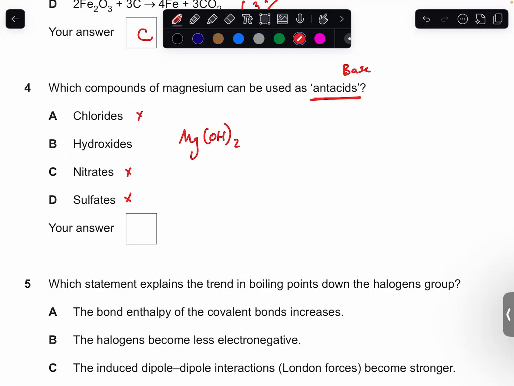That's why you get a milky substance of magnesium hydroxide dispersed in a solution that you buy from the chemist. So the answer is B. And we know hydroxides react with acids to give you water. It neutralizes the excess stomach acid.